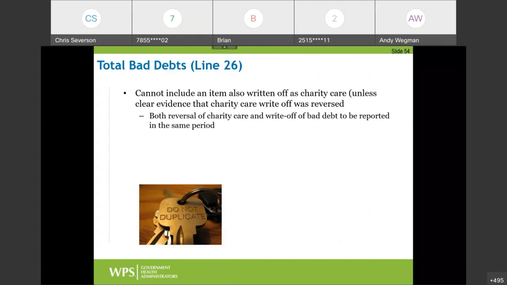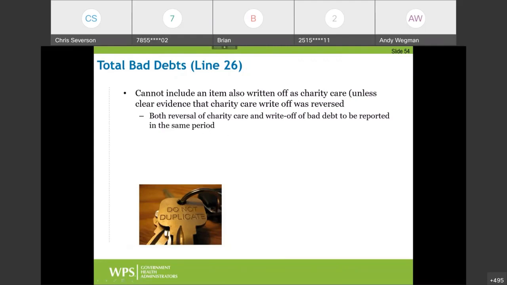That's fine. Obviously, it's a little bit more risk because there's that concern about duplication. But if we piece the claim together, we'll be able to realize that in total, let's say it was a $1,000 charge, $600 was charity care, and then eventually the other $400 got written off as bad debts, that's fine. It did not exceed $1,000. That's just a simplified example.